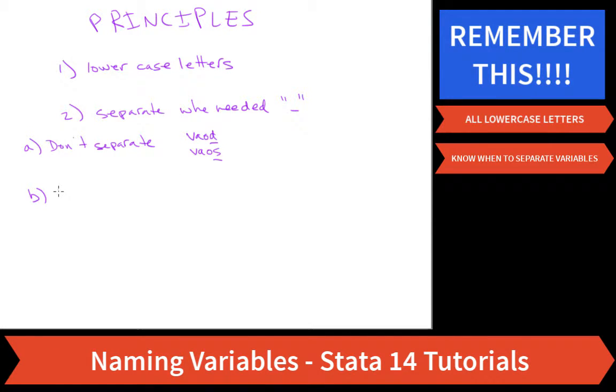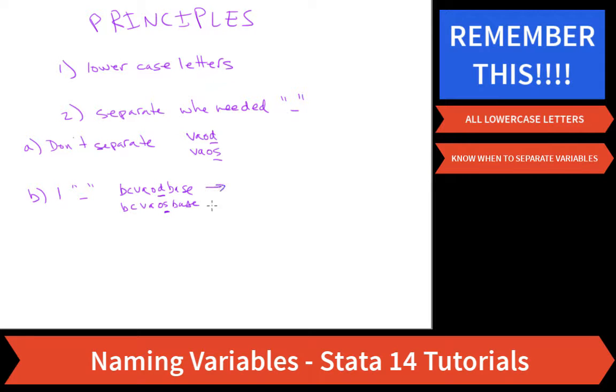Let's say that we now have a more complicated name, and we're looking at best corrected visual acuity in the right eye at baseline. And we're also going to look at best corrected visual acuity in the left eye at baseline. Well, this is a little bit complicated. Are you really going to be able to see the difference in this D and the S right over here?